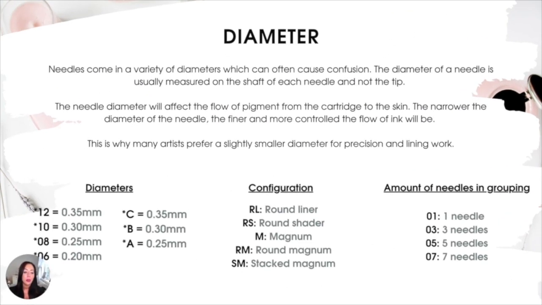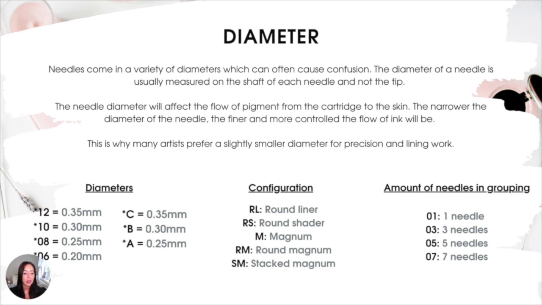Okay, so let's have a little look at how diameters are labeled. So you will see on your box of needles, sometimes you've got these numbers 6, 8, 10 and 12. Sometimes you have A, B and C. Or sometimes they actually do you a favour and just list the diameter. So this is your conversion here.